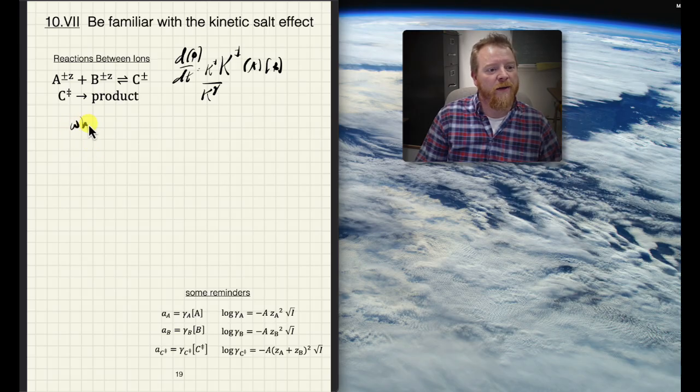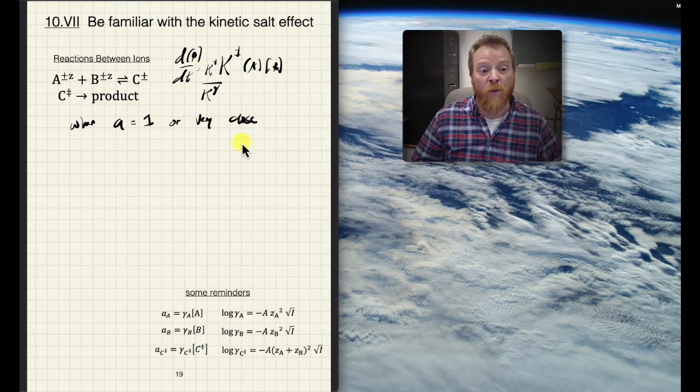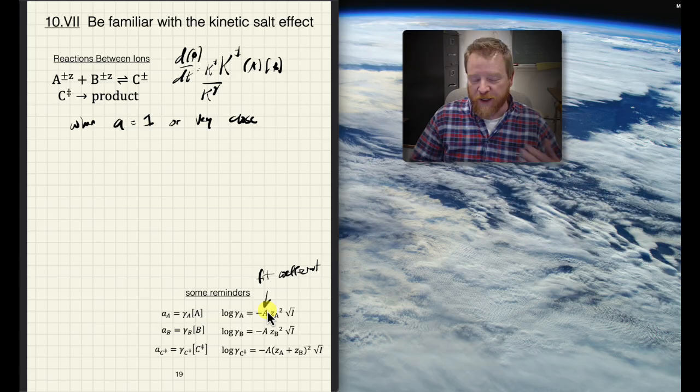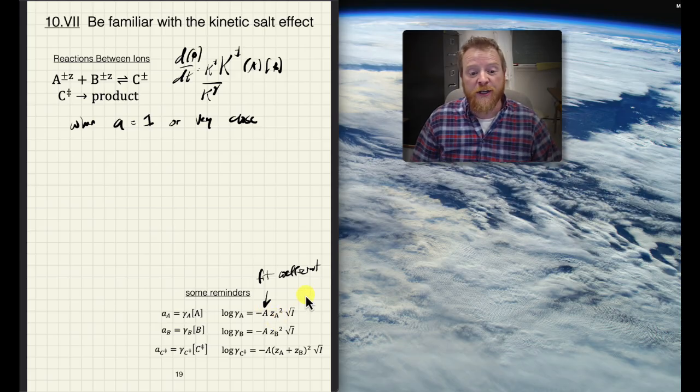So when our activities are equal to 1 or very close to that, so when we're under this dilute regime, we can replace the activity coefficients with their ionic strengths. And right, if you recall here, the log of gamma is equal to some fit coefficient, which we can determine with data, times the charge times the ionic strength.